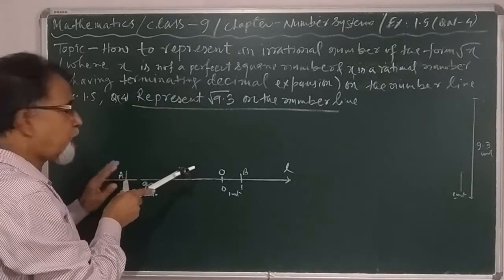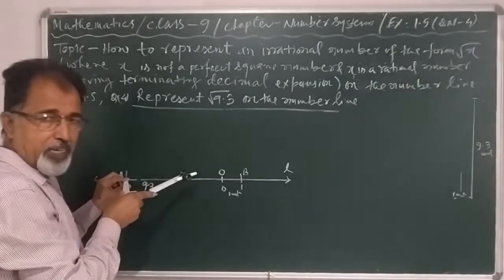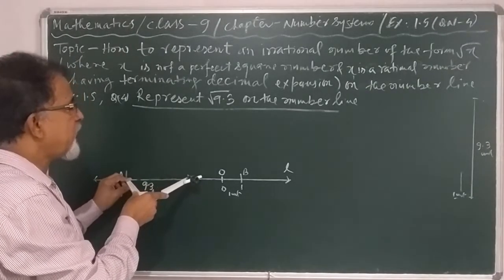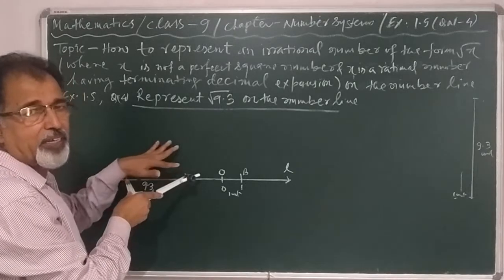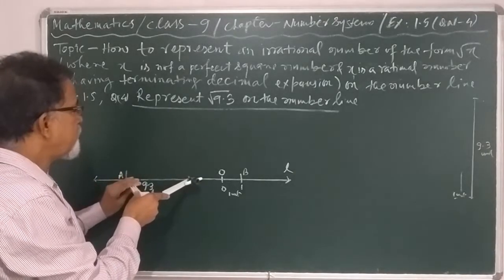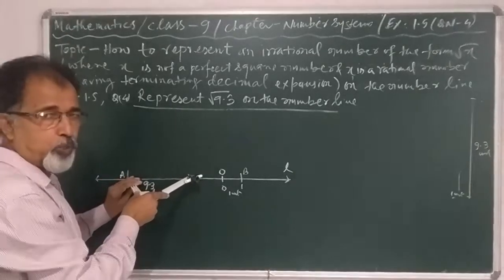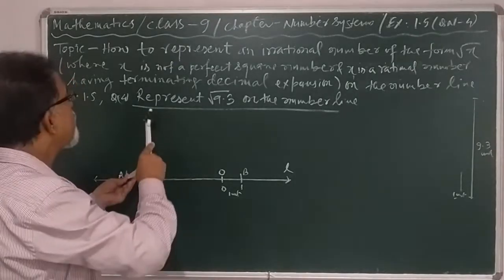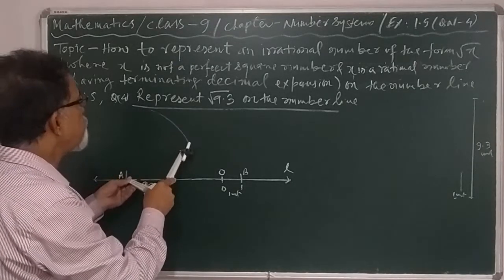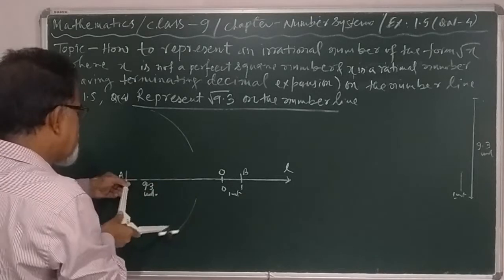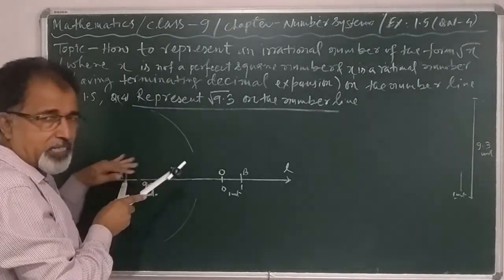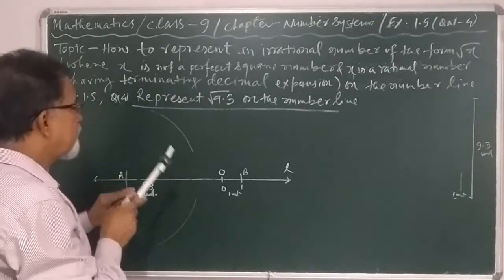Here, using a compass with center A and radius more than half of AB. Obviously, this length is more than half of AB. I am going to draw two different arcs on either side of the line.